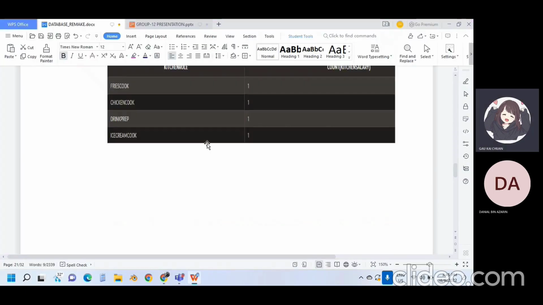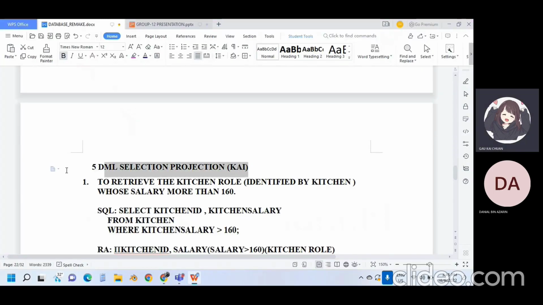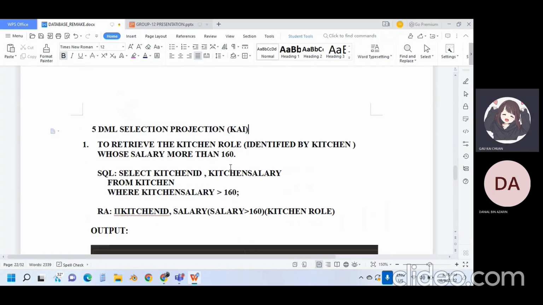So the next one is for the selection projection. The first question is to retrieve the kitchen ID identified by kitchen whose salary is more than 160.